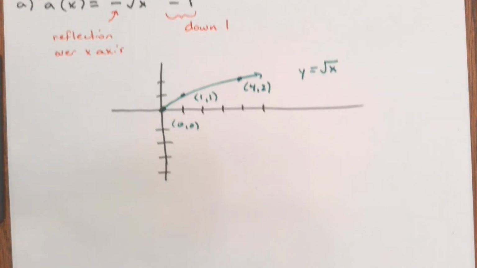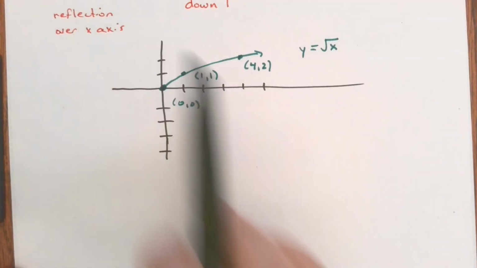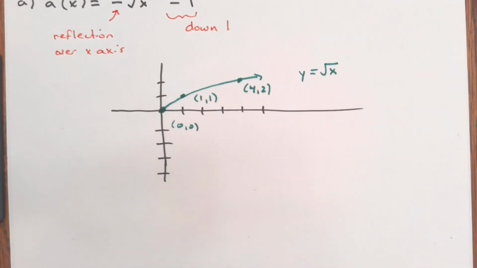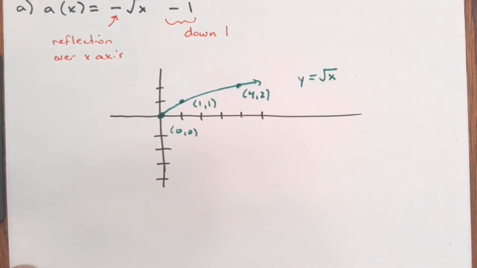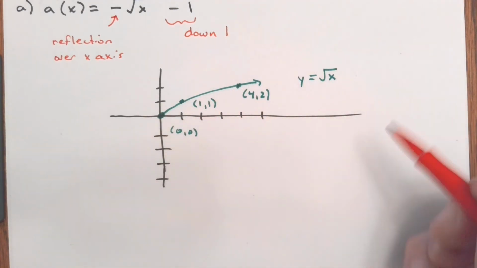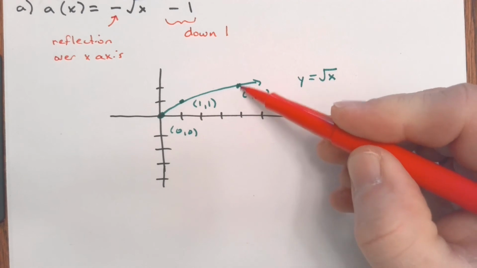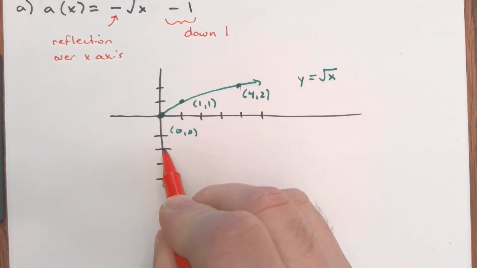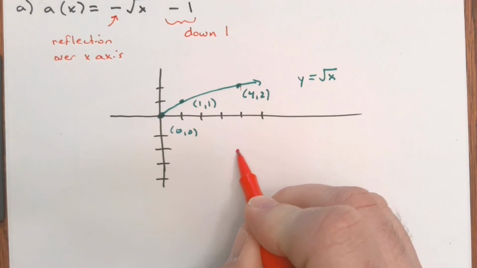What I'm going to do in my next step is I'm going to do our reflection next. So I want to take this graph and I want to do a reflection over the x-axis. So we have our 3 points up here. This point is 2 units above the axis. So if you reflect it over the x-axis, that would be 2 units below.